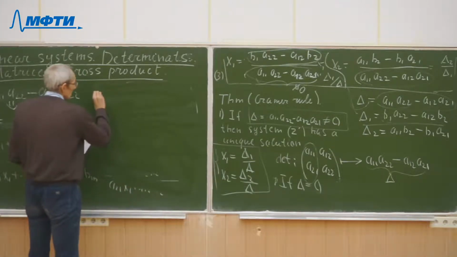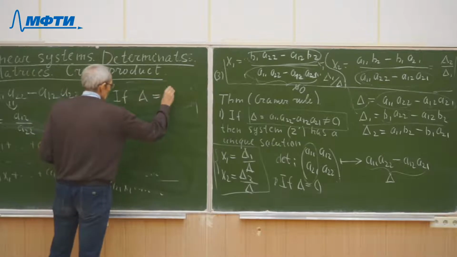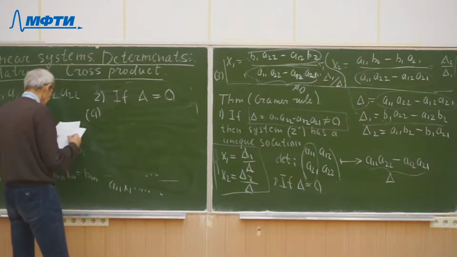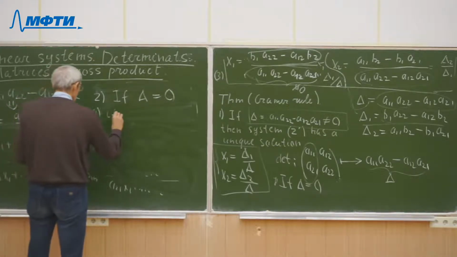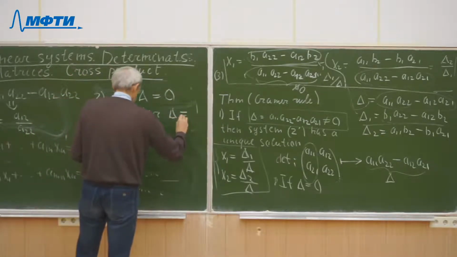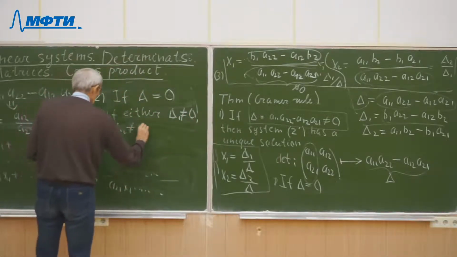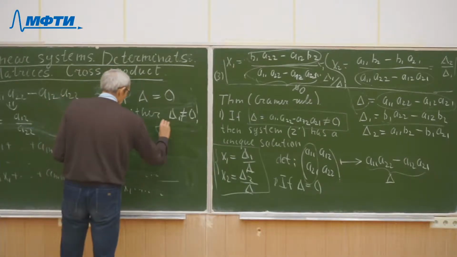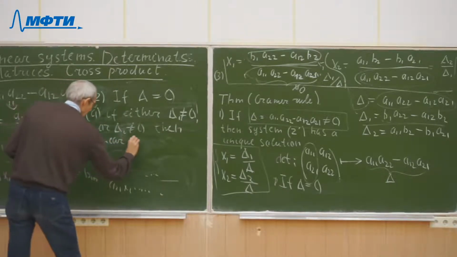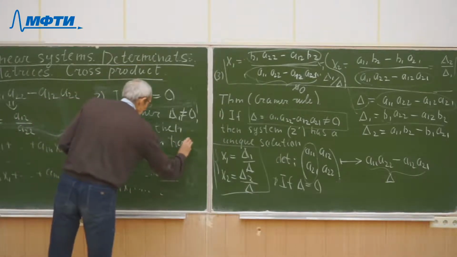Namely, item 2 of this theorem: if delta is equal to 0, and if either delta 1 is not equal to 0 or delta 2 is not equal to 0, then the linear system has no solution.